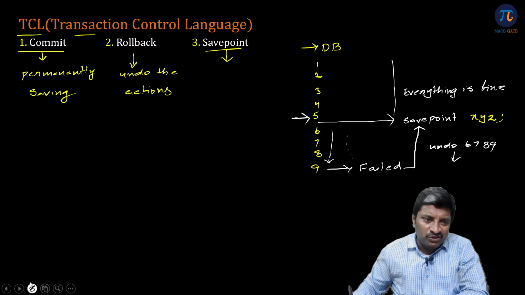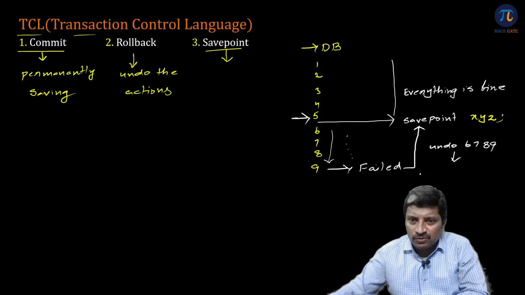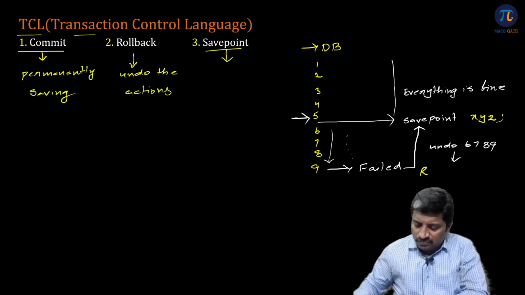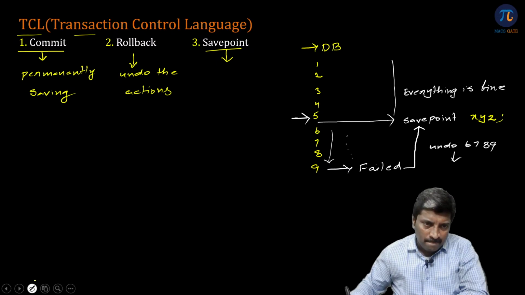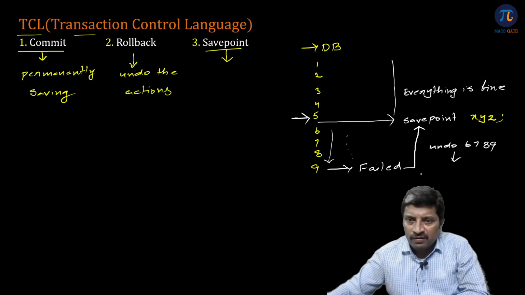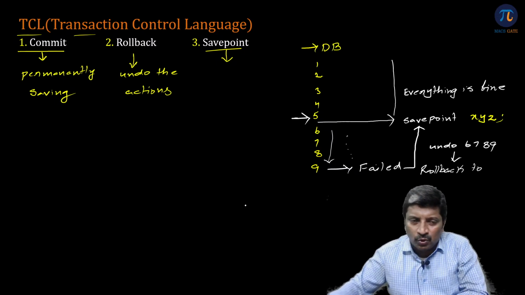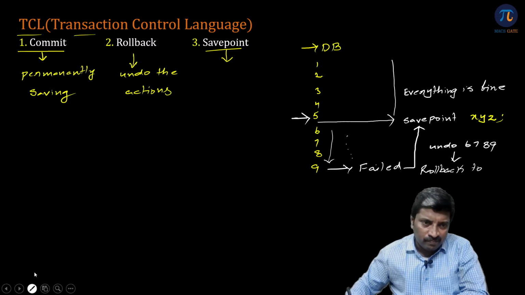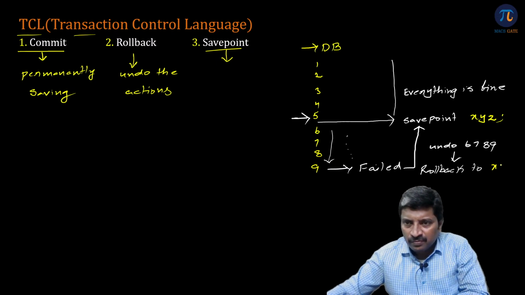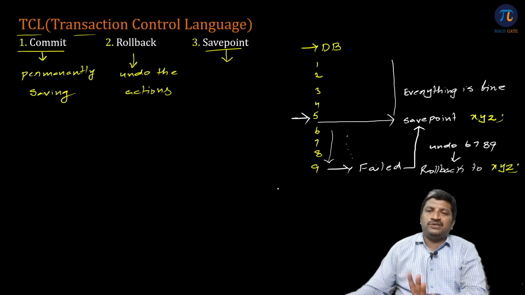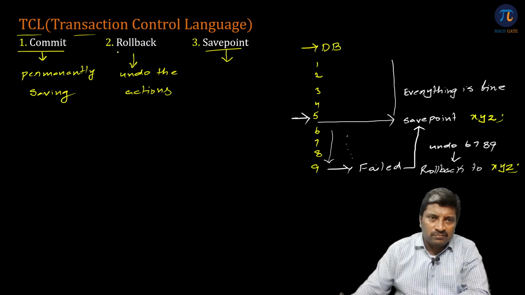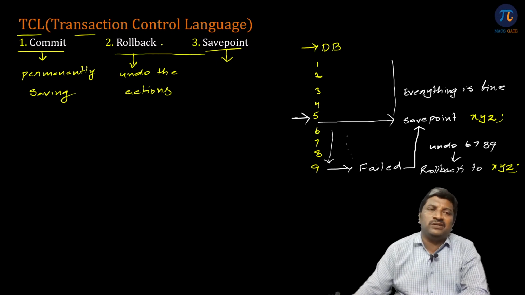For this case, we use rollback. Roll back to XYZ. That's it. This is the main point of rollback and save point.